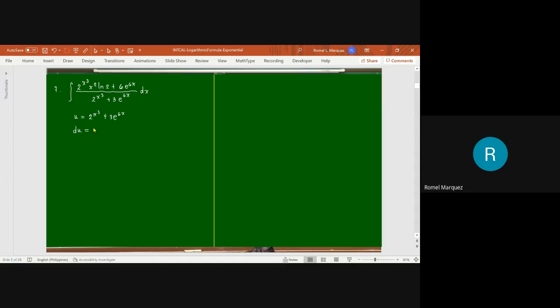Guys, what's the derivative? 6x squared. 6x squared multiplied by what? By 2 to the x cubed. Am I right? There is still something to multiply: ln of the base. Isn't that the derivative of a to the u?